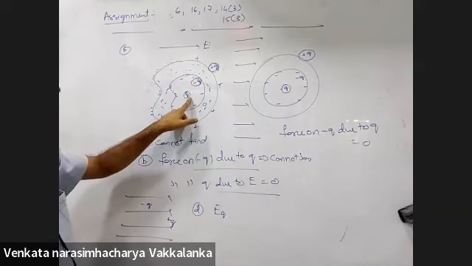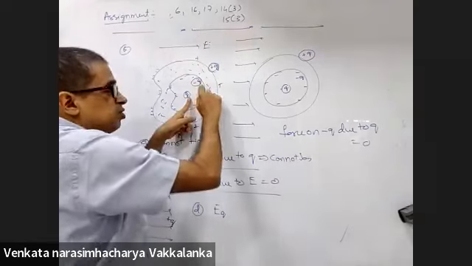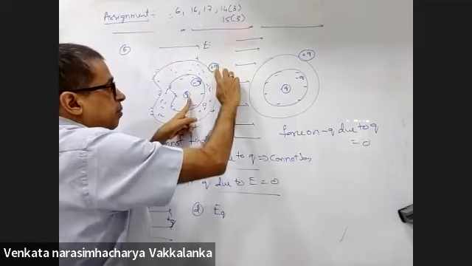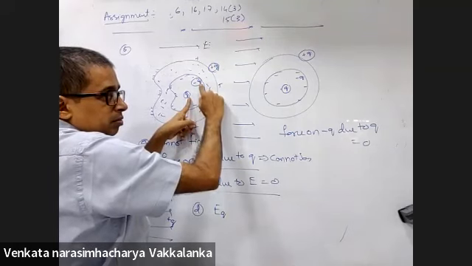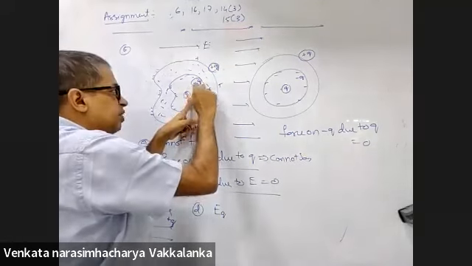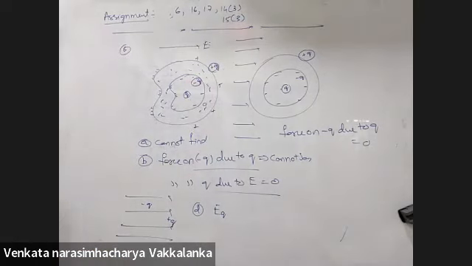On this, the force due to all external fields is zero. E and plus Q together will give me zero here. But because of this Q, I am unable to find out the force on minus Q. Is that clear? Yes.